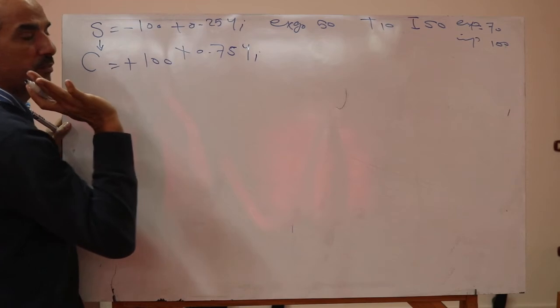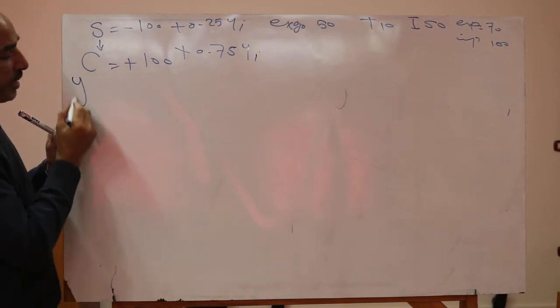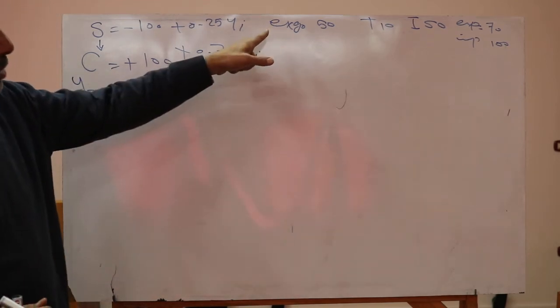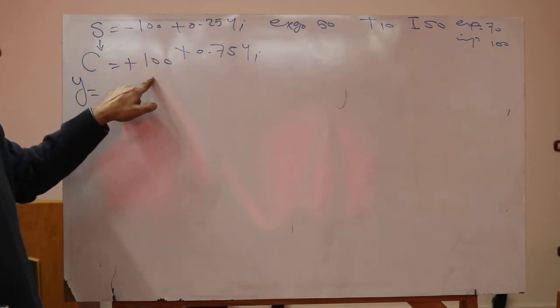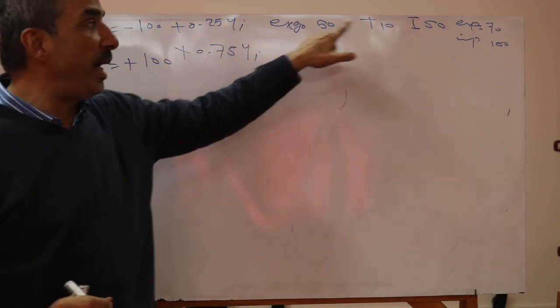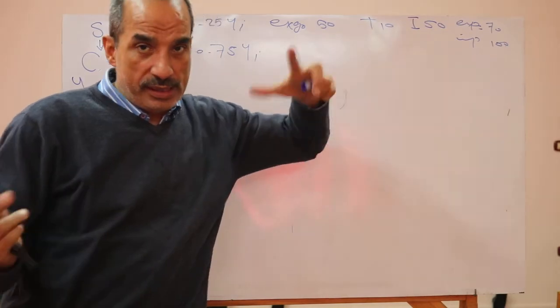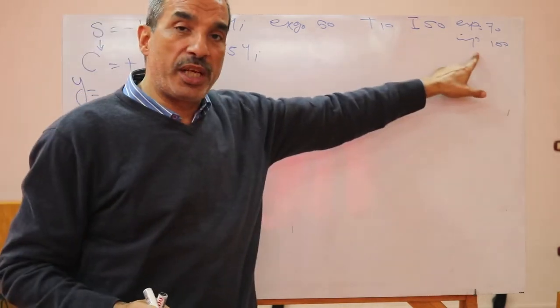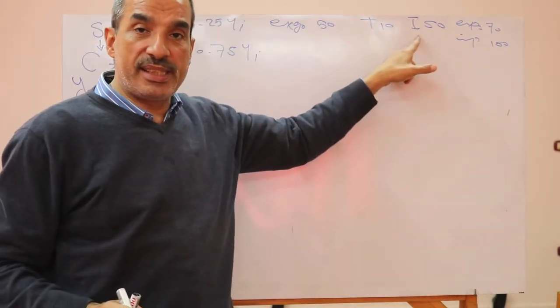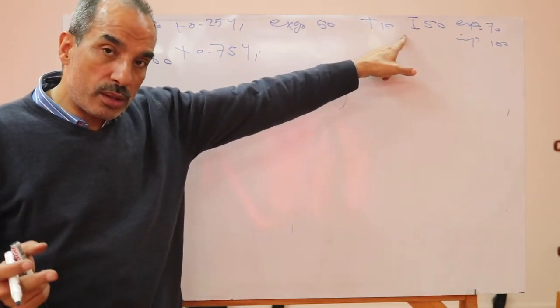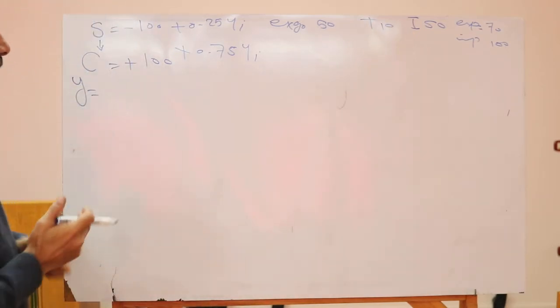YI. Income equals total demand. This is consumption demand, this is government demand, and this is the net foreign sector, the difference between import and export, and this is investment demand or production demand.